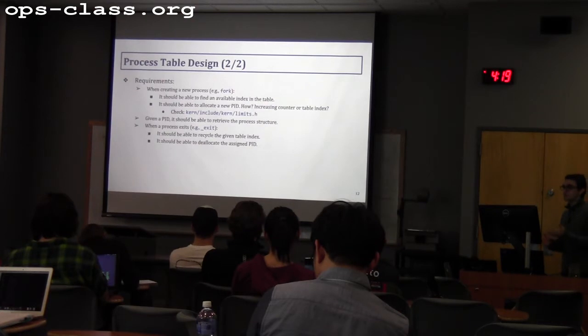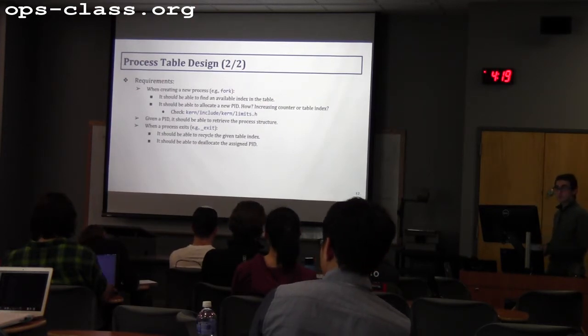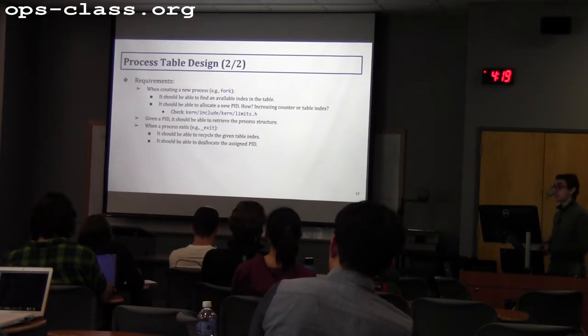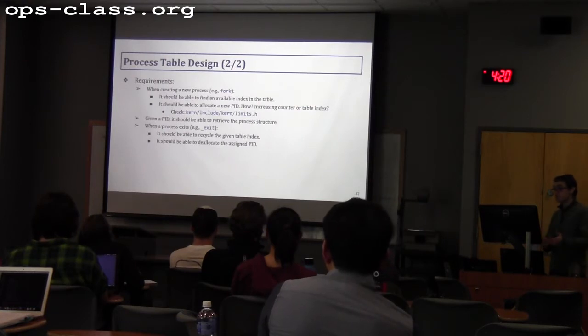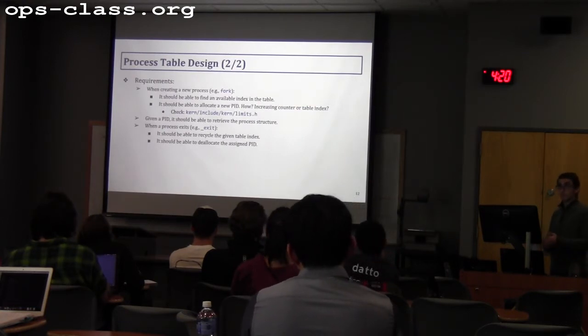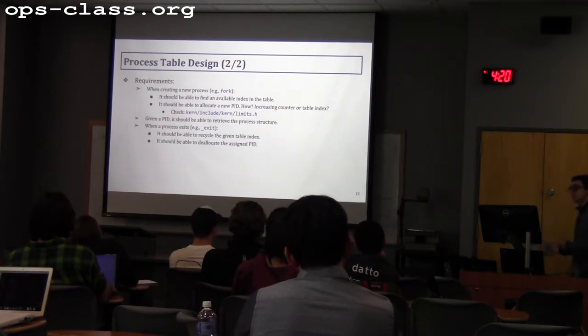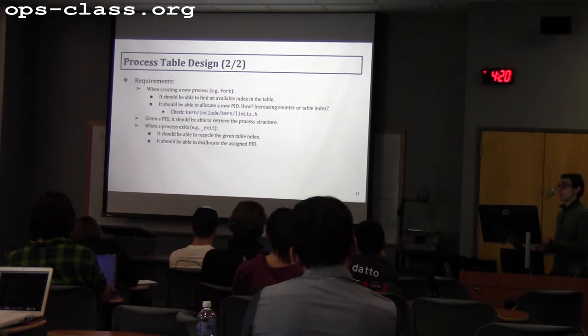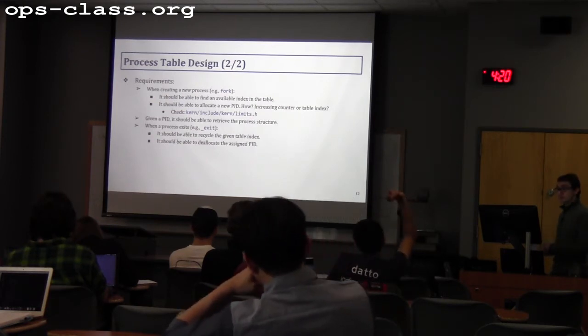Now, there are different strategies for allocating or getting a new PID. Some people will only use the process table index as the PID. And some others will just use an increasing counter to allocate the PID. So since the PID is unique, the best practice tells you it's better to use an increasing counter for allocating a new PID. And yes?